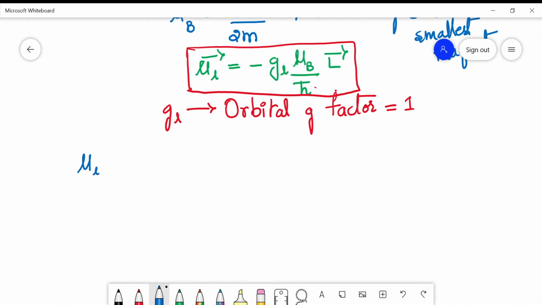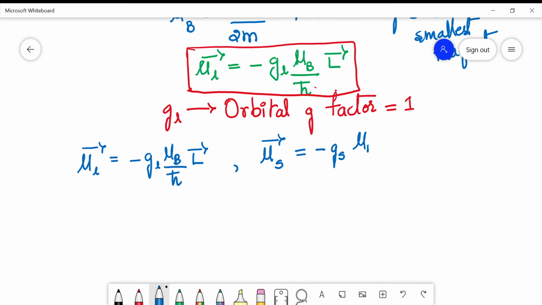Mu L is equal to minus GL mu B by H cross L. Similarly, mu S is the magnetic moment due to spin motion of the electron, which is minus gs mu B by H cross into S, with gs in place of gl. Equations number 8 and 9 are the magnetic moments due to the orbital and spin motion of the electrons respectively.